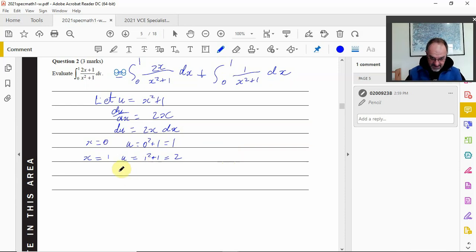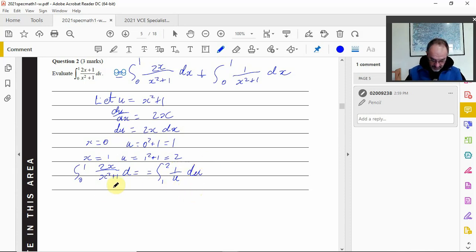So this first integral, the 0 to 1 of 2x over x squared plus 1 dx, is the same as the integral from 1 to 2 of 1 on u du.